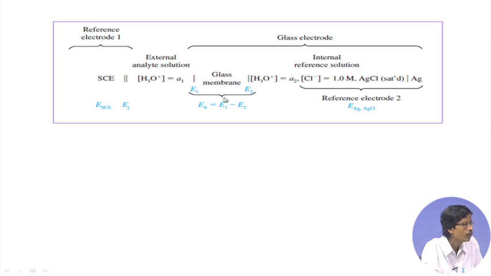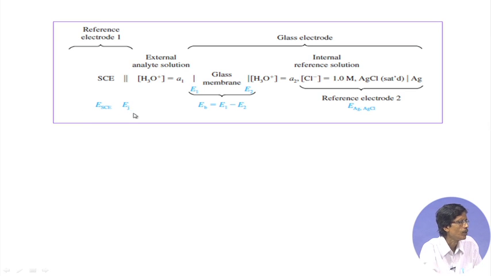This membrane is attached to your hydrogen ion concentration, and you have an internal reference electrode. This internal reference electrode is nothing but reference electrode number 2. So, within your glass electrode you have reference electrode number 2, and outside you have the other half of the cell, a standard calomel electrode.